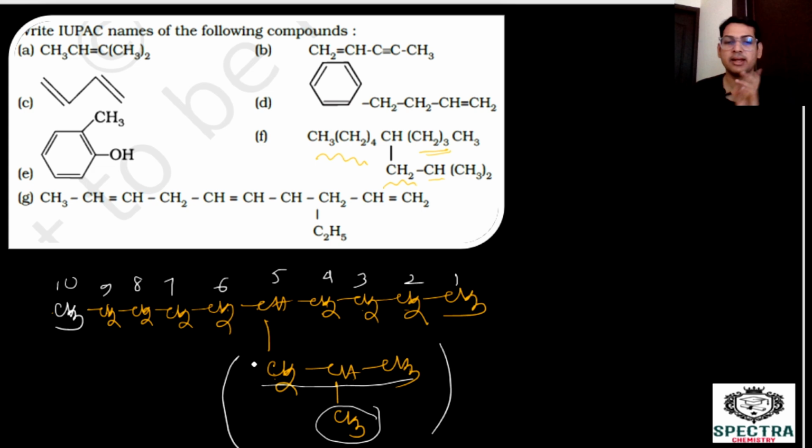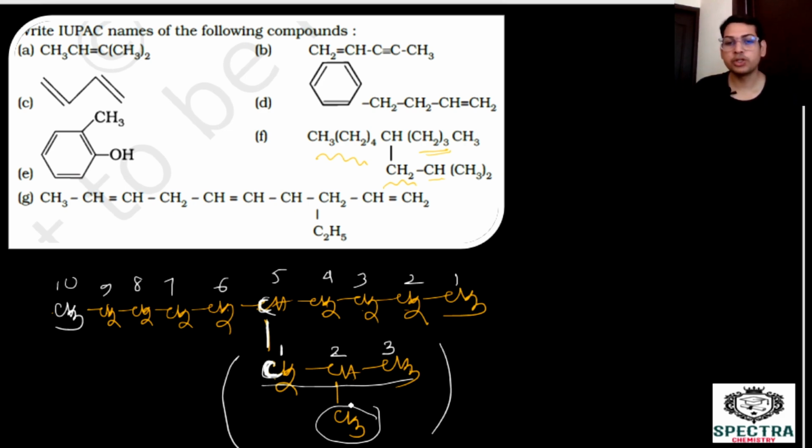First, you have to understand how to number the substituent. Listen carefully. The carbon which is directly bonded to your main chain, that carbon you number as 1. Now this is 2, this is 3.